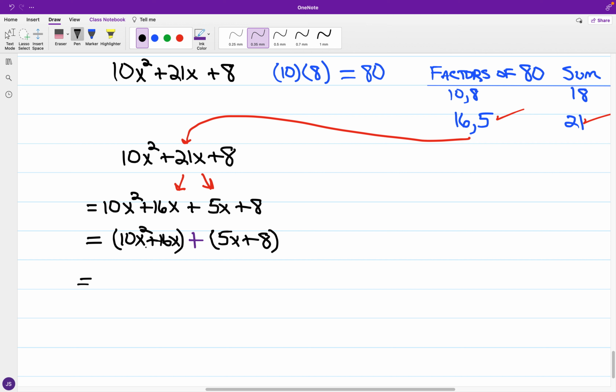And for the number, the highest number divisible into both 10 and 16 is 2. So for 10x squared plus 16x, the greatest common factor is 2x. 2x into 10x squared is 5x, and 2x into 16x is 8.